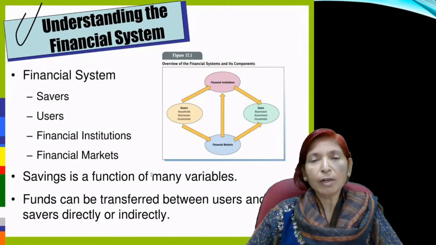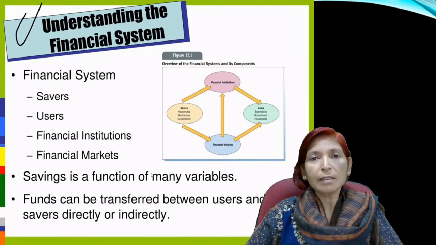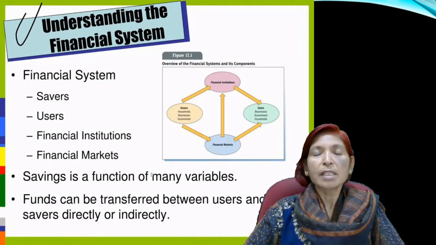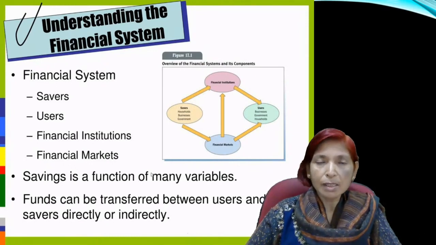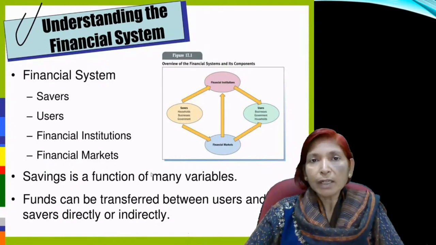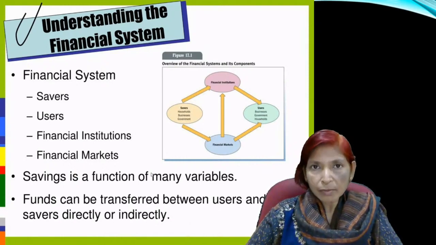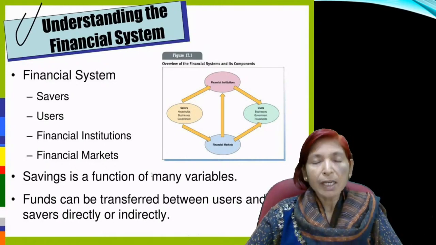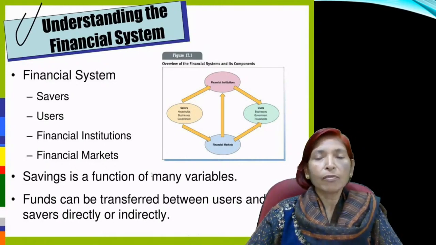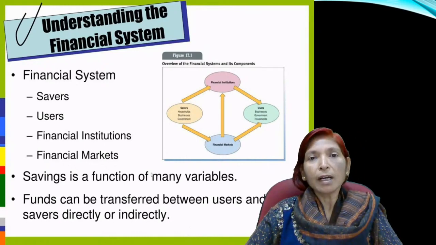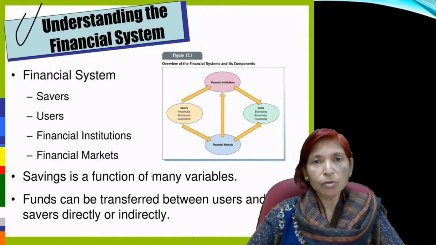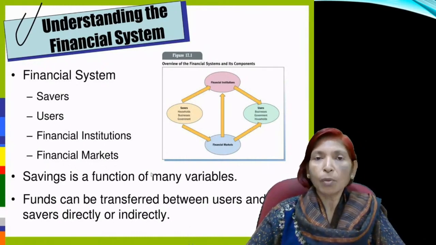Not only one variable affects saving. Saving depends upon income, rate of interest, our willingness to save, our capacity and ability to save, and foresightedness. If we give more preference to the future, then we will save more money.